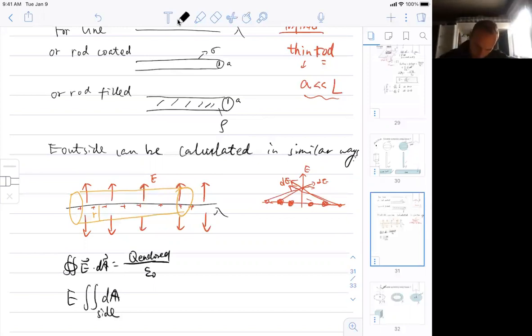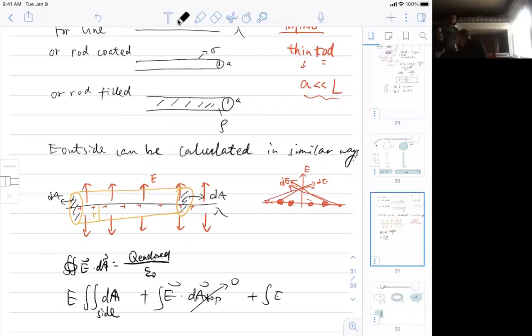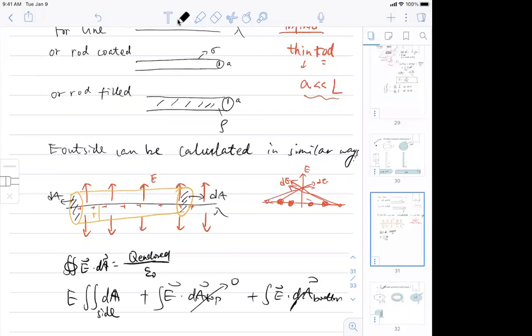The top and bottom sides I don't need to calculate, because my dA is perpendicular to E, right? So E dot dA top is 0, and E dot dA bottom is 0. So I only need the side.